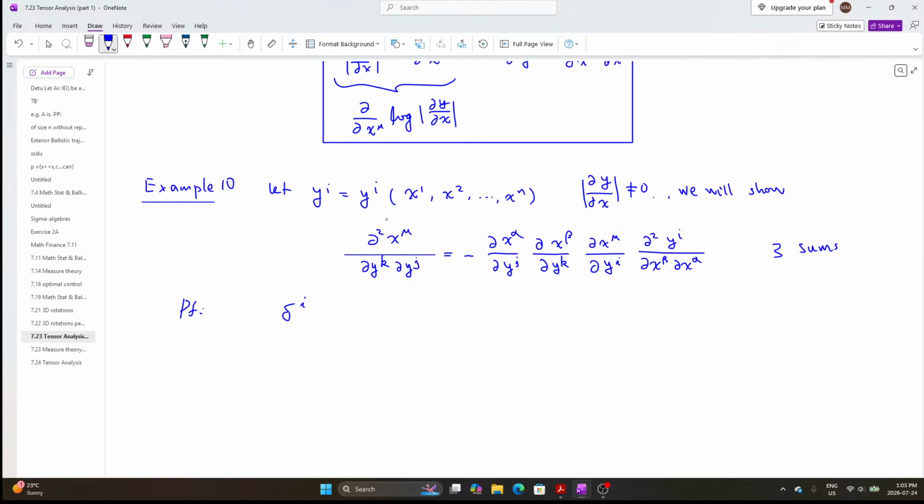Think about the situation in a vector matrix notation. Here, y is a function from R^n to R^n, or subsets of R^n to subsets of R^n. And the inverse function would be a function from a subset of R^n to R^n as well.